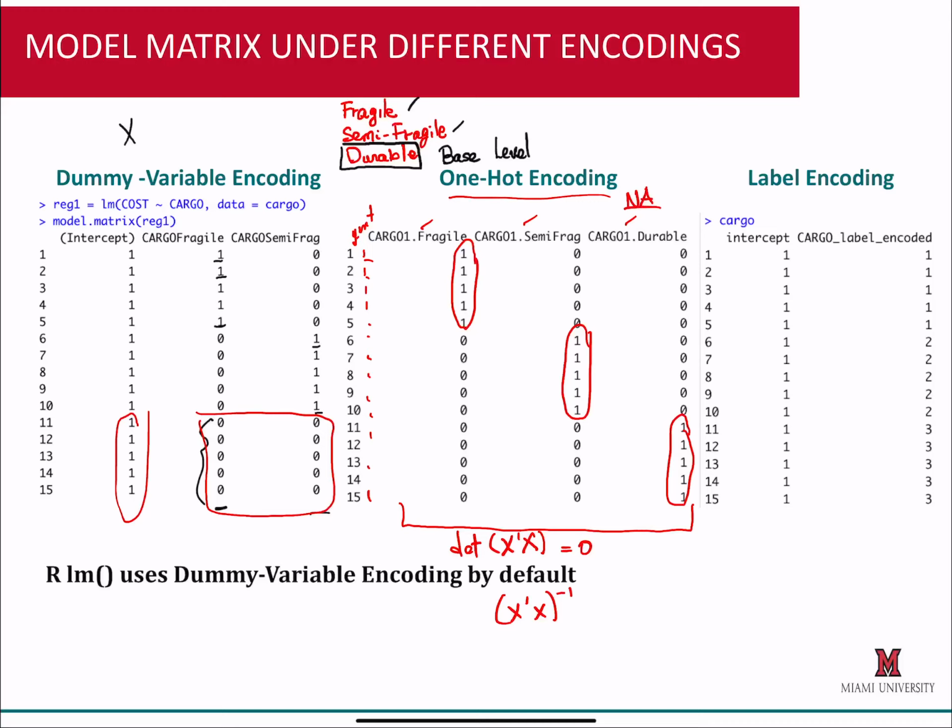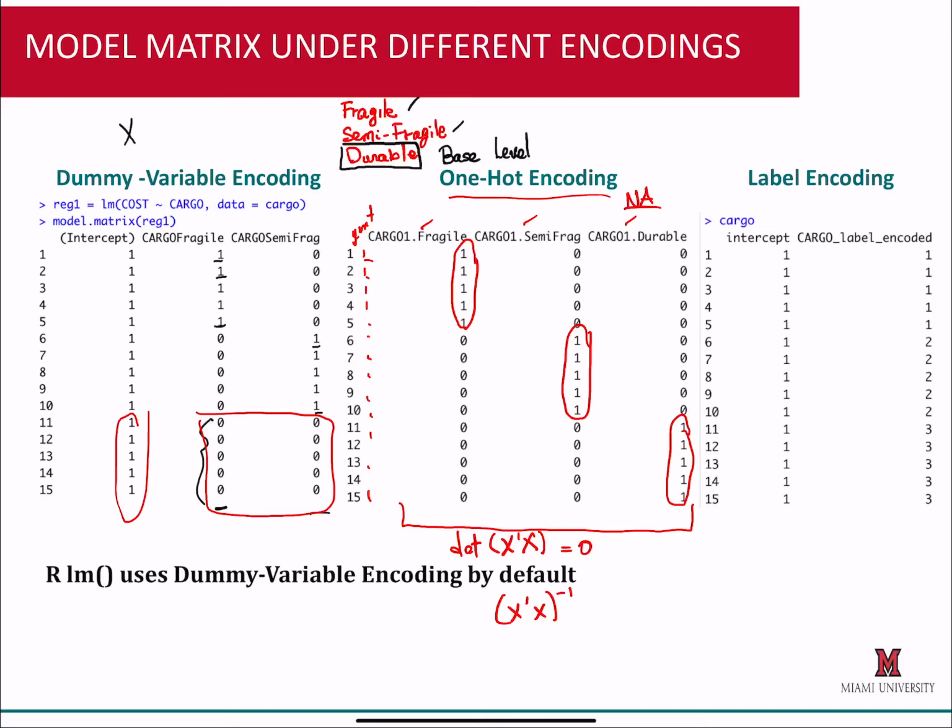R actually encodes the variable by itself using the lm function, and we'll see that in the next video. So we don't have to worry about encoding the variables ourselves.